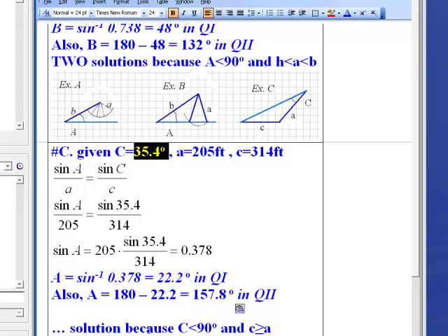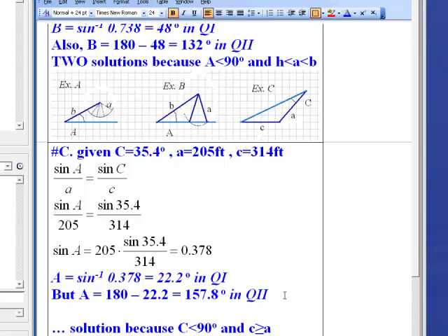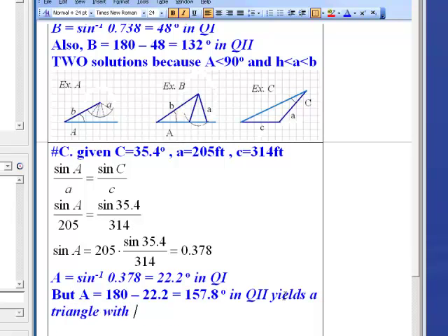So that second one is just going to be an impossible triangle as well. 35.4 plus 157.8 is already greater than 180 degrees, which is an impossible triangle.